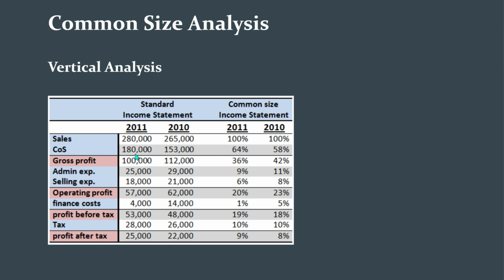So 180 is 64% of 280. And continuing like that down the line, here we see operating profit is 20% of sales in 2011. In 2020 it was 23%, and we continue down to where we see profit after tax. That's 9% of sales in 2011 from 8% in 2010.